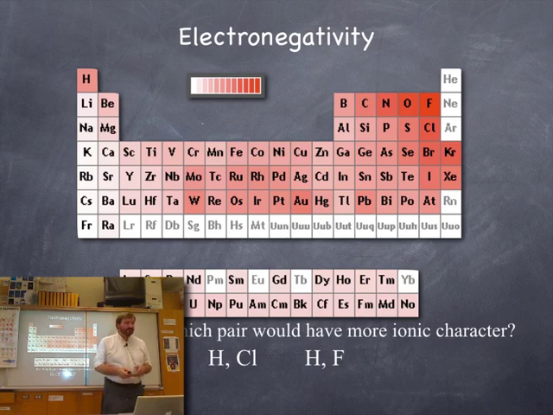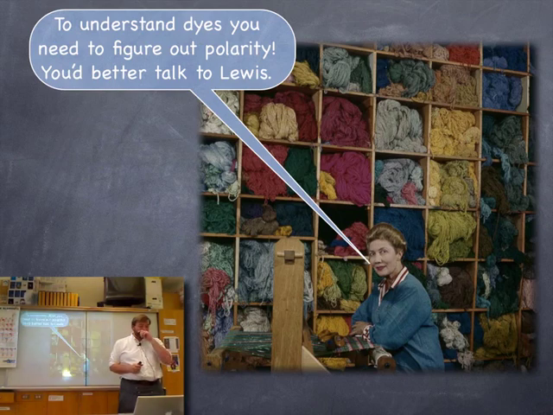All right? Now, ionic compounds are great for all kinds of things, but in the case of the dyes that we're trying to make, they're not going to give us the kind of colors we want. To get those kind of colors, we really need to figure out covalent compounds. We need to look at the polarity of the molecules, how they bond onto the dyes, and the way that electrons are arranged inside molecules that is going to help us figure out why they produce the different cool colors they produce.